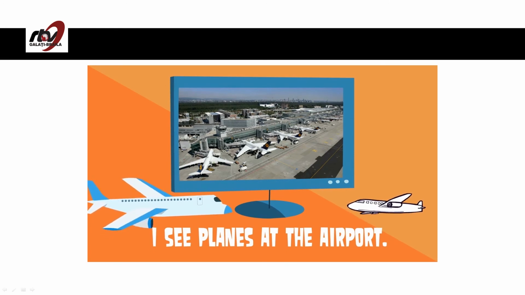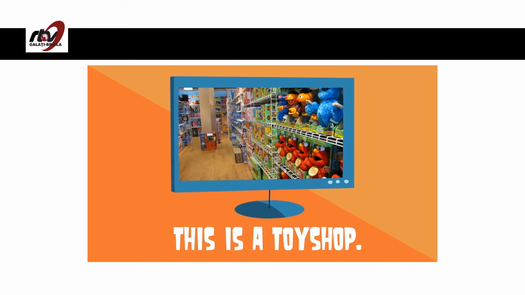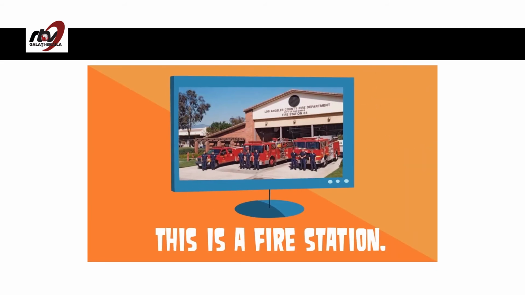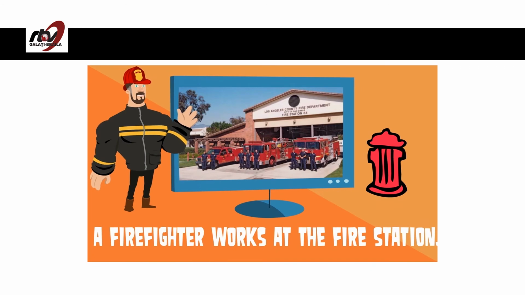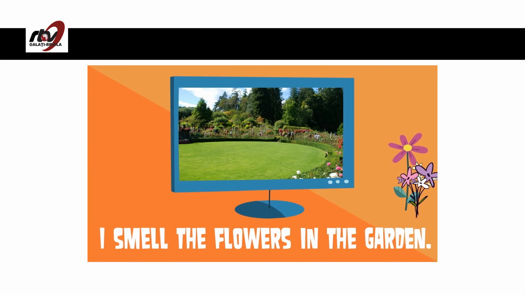I see planes at the airport. This is a toy shop. I buy toys at the toy shop. This is a fire station. A firefighter works at the fire station. This is a garden. I smell the flowers in the garden.